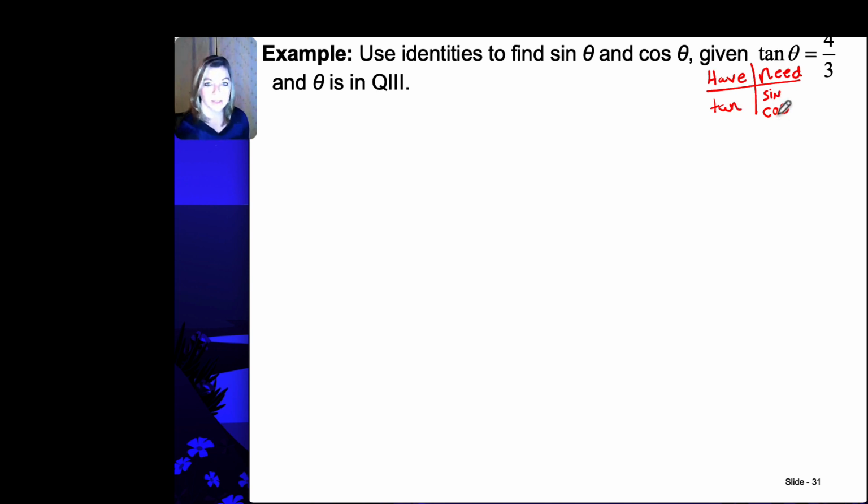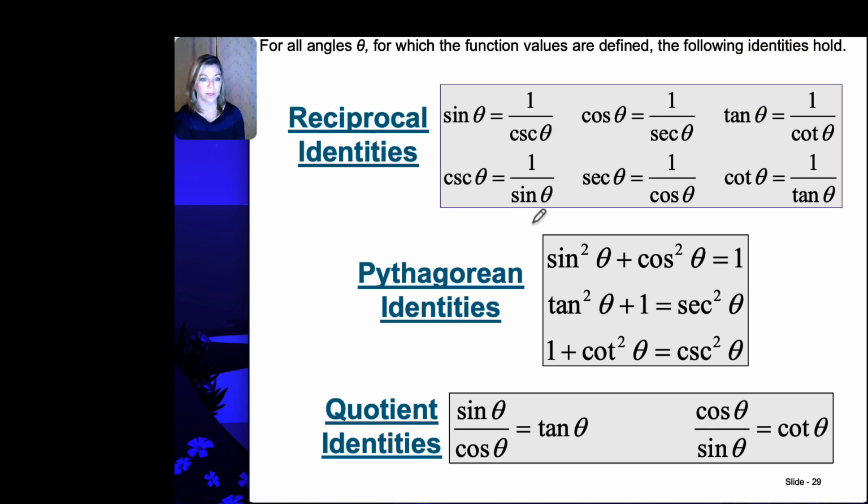Let's look at our identity list. So I'm looking through for something with tangent and sine, or for something with tangent and cosine. There is no identity here that includes just tangent and sine, and there's no identity here that includes just tangent and cosine. So we're going to have to do a two-step identity process. I'm going to show you the ones that I chose first.